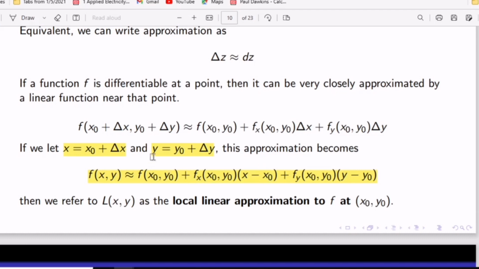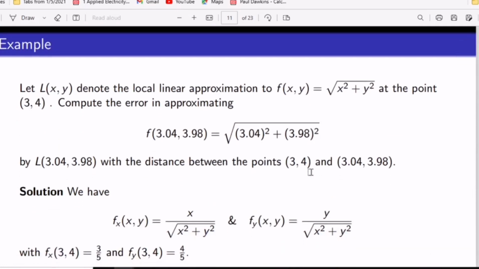Are you getting it? From here, you can make change in x the subject, you are going to get x minus x naught, then plus you are going to differentiate the function with respect to what? y, then you input the point given to you inside, then you're going to multiply it by the what? The y minus y naught.